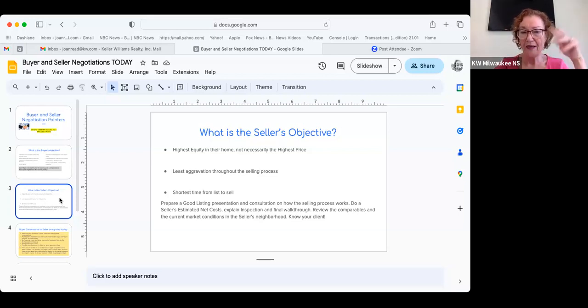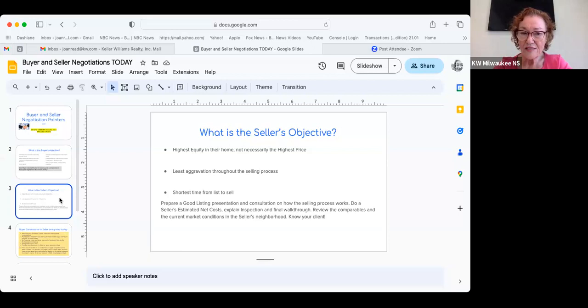They know about MLS, showings and open houses, inspections. All of these things are important to introduce to your seller to get going. You want to be able to prepare them, and you have to be prepared yourself.